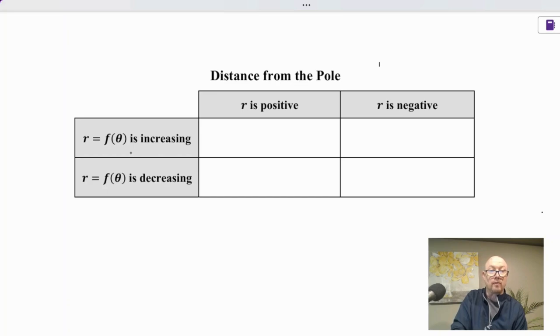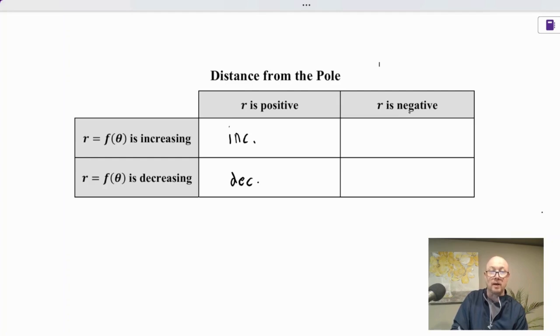All right, so now let's fill out this distance from the pole chart using this information. So if r is increasing and r is positive, that means that the distance is increasing. So we're getting farther away from the pole. If my r is positive, but my function is decreasing, or r is getting smaller, that means that distance is getting smaller, so we are decreasing. The distance from the pole is decreasing.